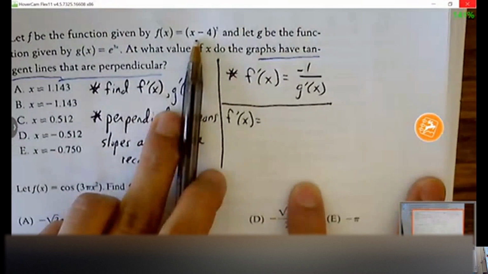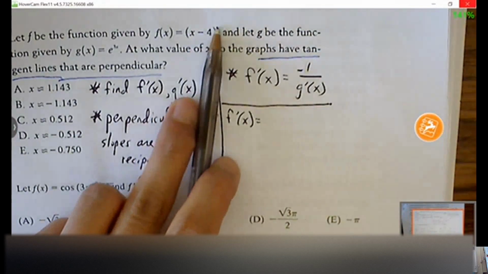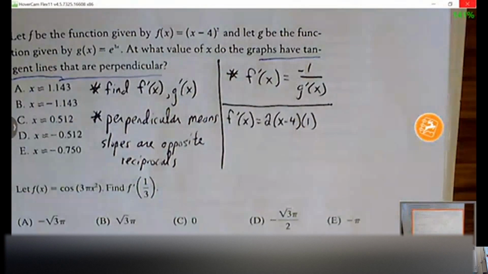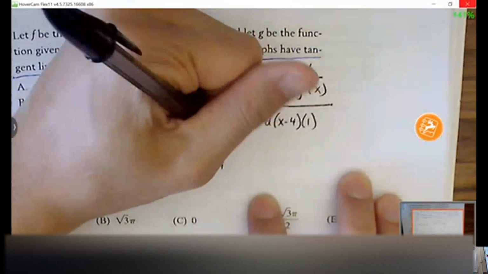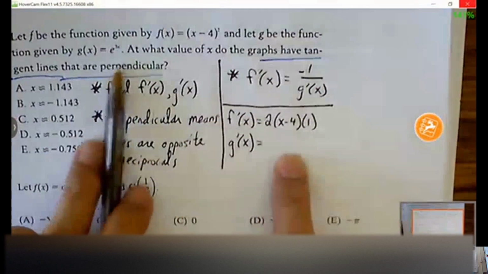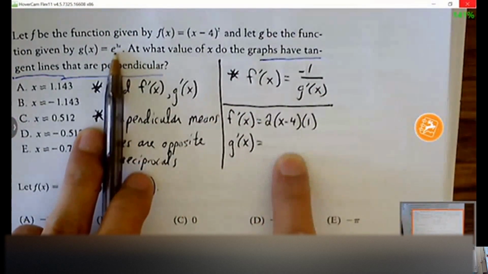So f prime, we can go through power and chain rule. Outside's derivative times inside's derivative. G prime: e to the u becomes e to the u times u prime.